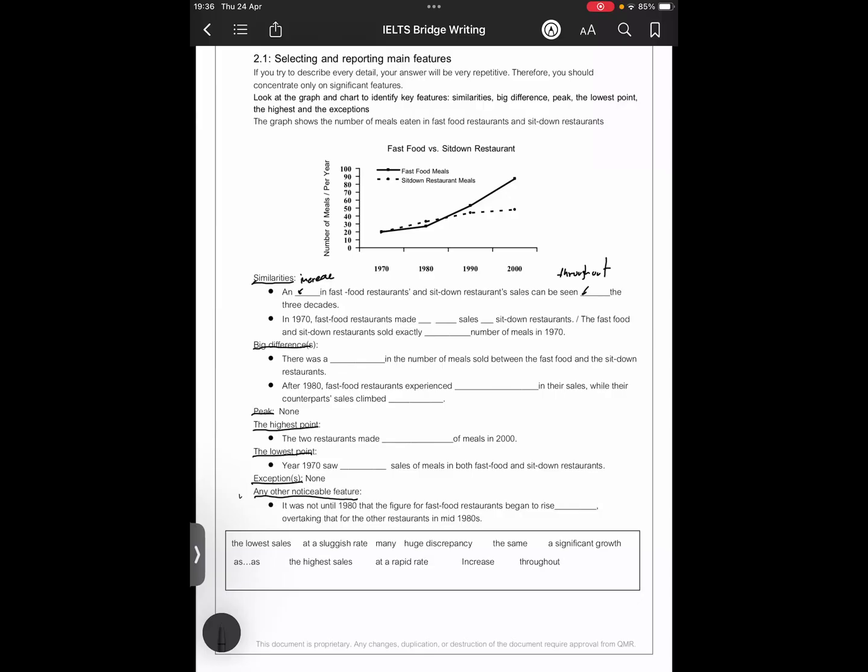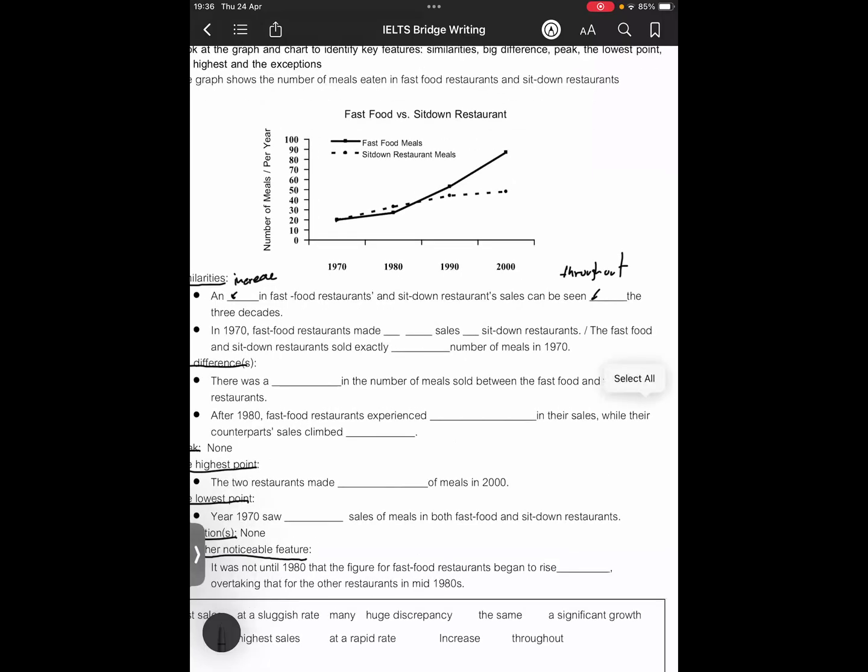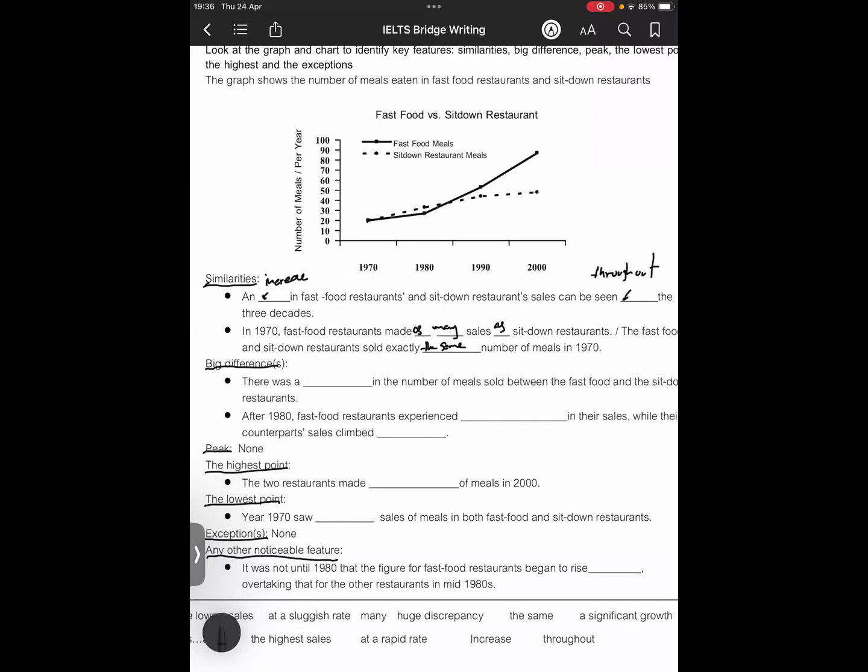Next, in 1970, fast food restaurants made as many sales as sit-down restaurants. Next, the fast food and sit-down restaurant sales are exactly the same. So those are the two similarities. One is looking at the trend.